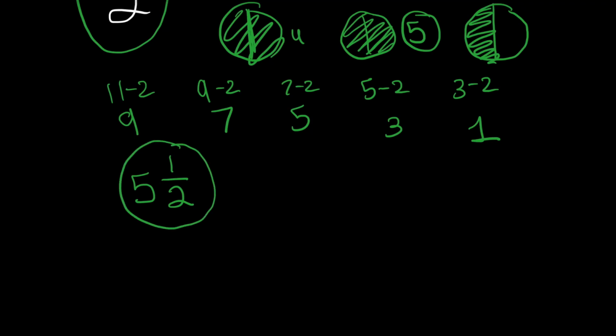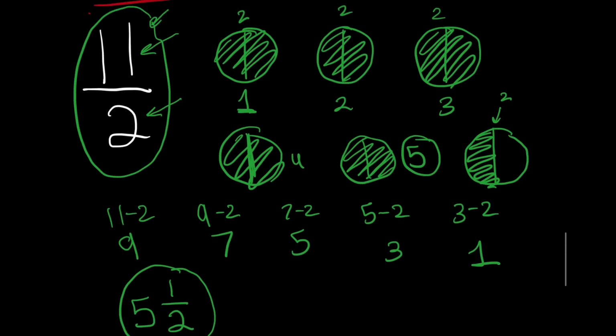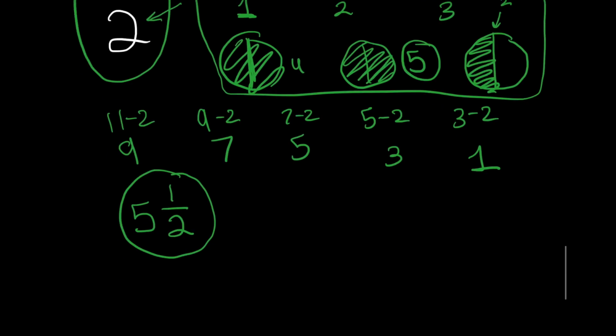Now, an easier way to do this is by skipping all this subtracting stuff, because this is basically like dividing. Let me show you how. So let's say you have the same fraction again.